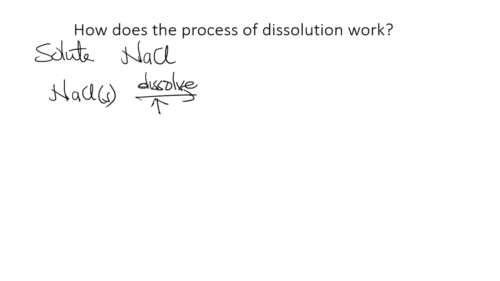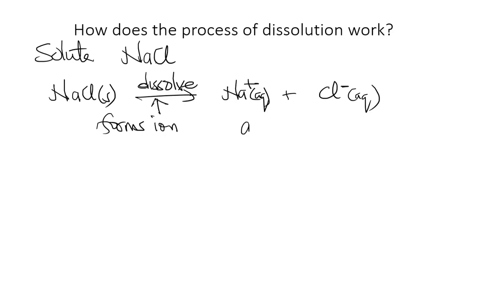So this forms ions. The ions will be sodium plus and chloride minus. Now, because these are dissolved ions, we call them aqueous. So they are in aqueous form.